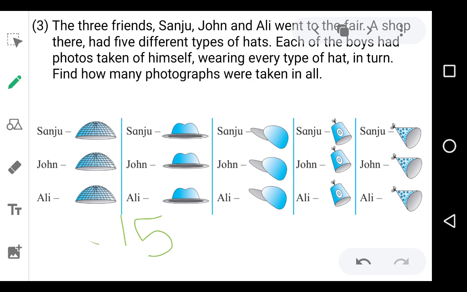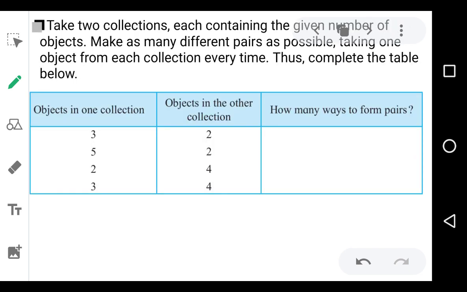Here you have understood how to pair the objects. Now see the next one. See here, take two collections, each containing the given number of objects. Make as many different pairs as possible, taking one object from each collection every time.